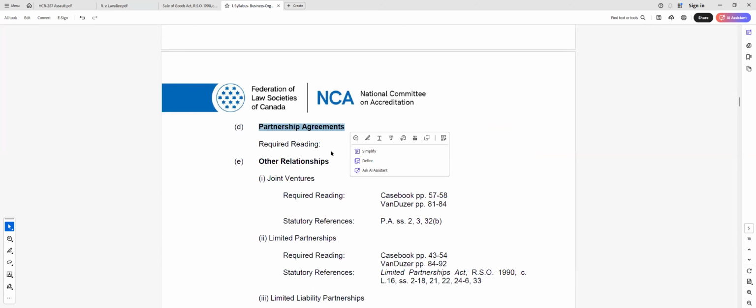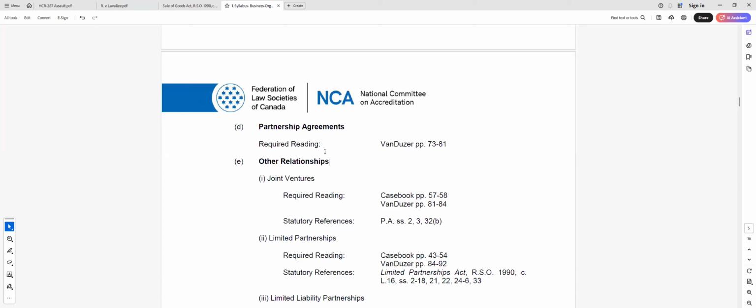Then they have partnership agreements. Like I was saying, it is very important to write down what the terms are, because laws are a bit lenient on this part. Partners can actually add different clauses to negate the law as well.